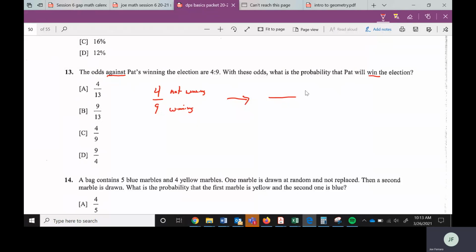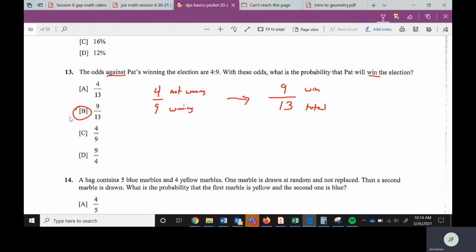So we want the outcomes where he'll win over total. Looking at the odds, 9 was the way he could win, so 9 outcomes where he wins. And total, well, there were 4 outcomes of not winning and 9 outcomes of winning, so it would be 13. And it would be B.